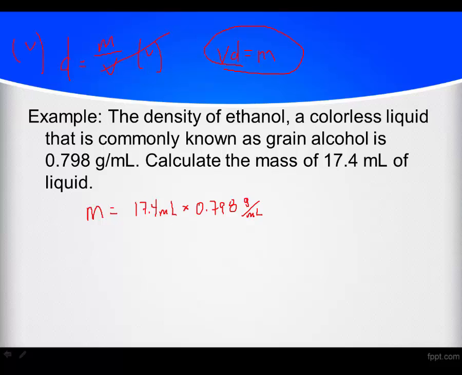How many sig figs will we want in an answer here? I'm seeing 3s. So the mass comes out to be, rounded to 3 sig figs, 1.39. And then if I'm throwing units on this, I've got to analyze what's going on. Milliliters are canceling milliliters, leaving me with only one set of units, grams. That's a good thing because I was expecting a mass, which should be measured in grams.